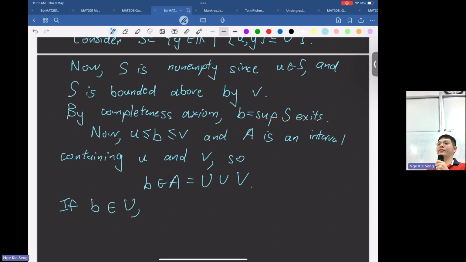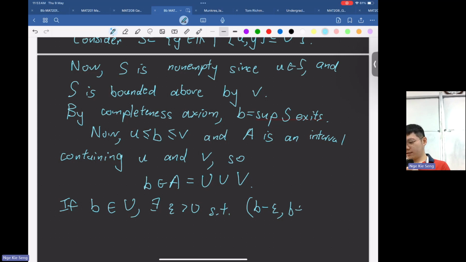U is open, so there exists an epsilon such that the open interval (b minus epsilon, b plus epsilon) lives inside U, because for every point inside an open set, you can find an open neighborhood.